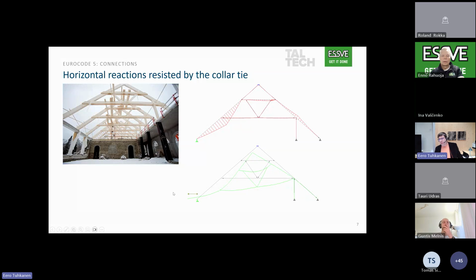It is allowed only a very small deformation here at the support side, horizontal deformation, and this roof is calculated so that the deformation here is minimized.